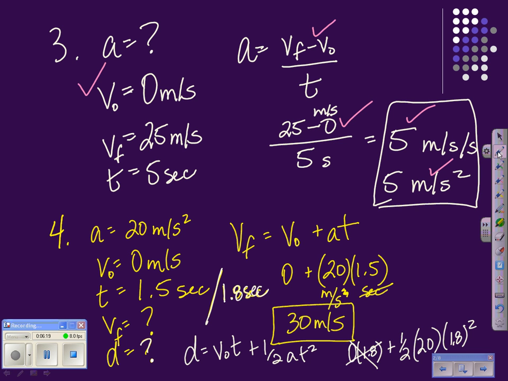When you do the math on that, you should get an answer of 22.5 meters because this is meters per second squared. This is seconds squared. So the seconds squared cancels out and you're just left with meters.